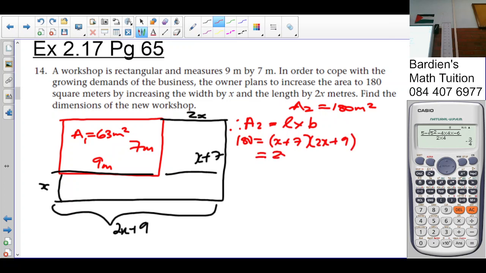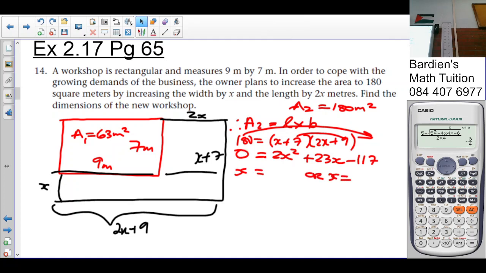Which is going to give you 2x squared, plus 9x plus 14x, which is going to give you 23x. Is that correct? 23x. 7 times 9 is 63, not so? And 63 minus 180 is negative 117. From here we can use the quadratic formula.